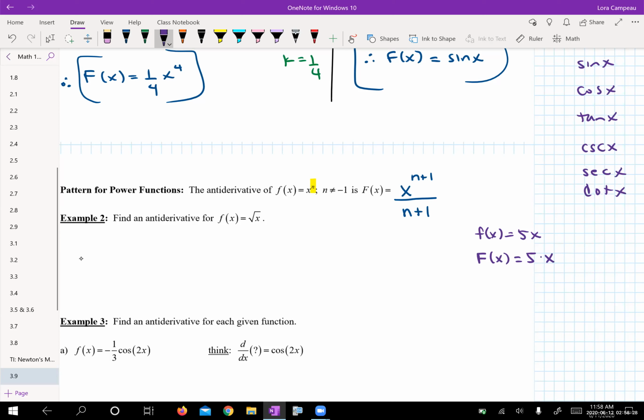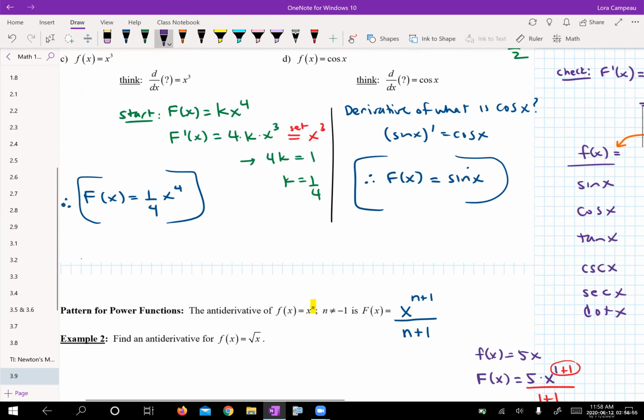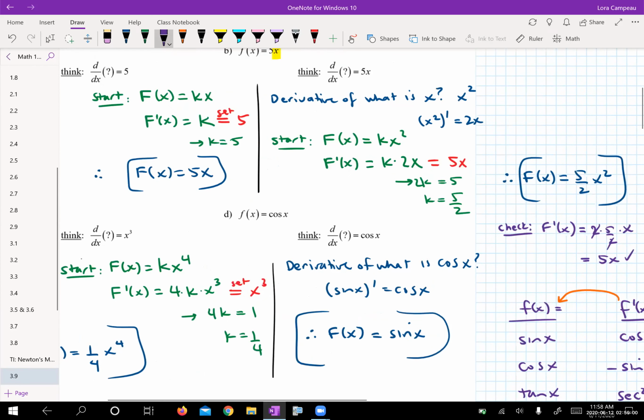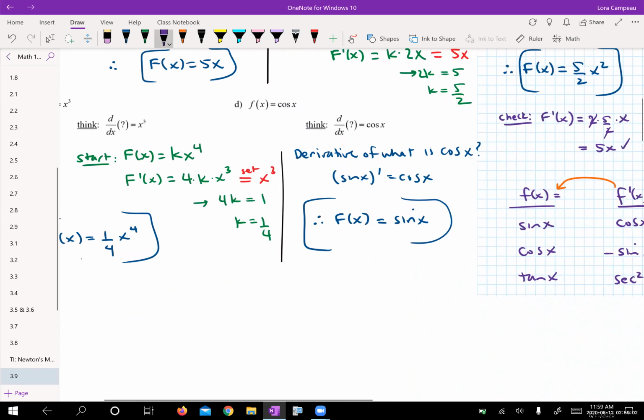It already had a power of 1. So according to our formula, we're going to add 1. And then we take all of that and divide by whatever this exponent is. So it's 1 plus 1. And I know you can do this in your mind, but sometimes when we get a little bit more complicated, it's nice to write out our thoughts. So do we have 5x squared over 2? We look at our answer, and that's what we had found earlier. So a nice little shortcut to help us out.